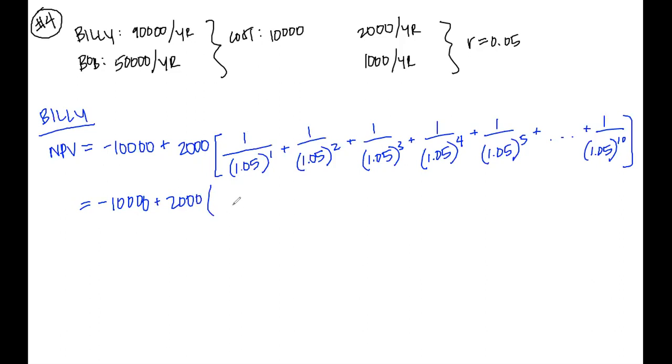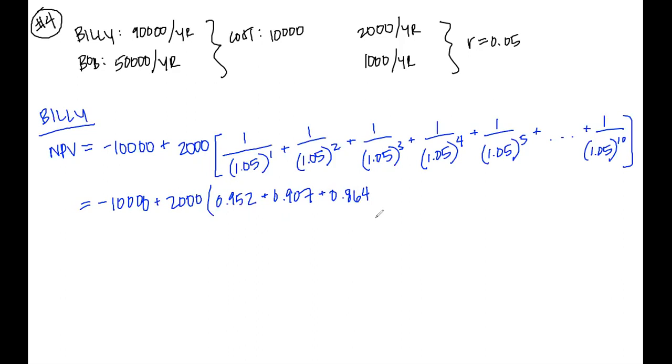Plugging this into your calculator, 1 over 1.05, you get 0.952. And then you can just divide that again by 1.05 to get the second value of 0.907. Don't clear anything, keep dividing by 1.05 to get each term. So the third one would be 0.864. And you keep doing that until you get it 10 times.